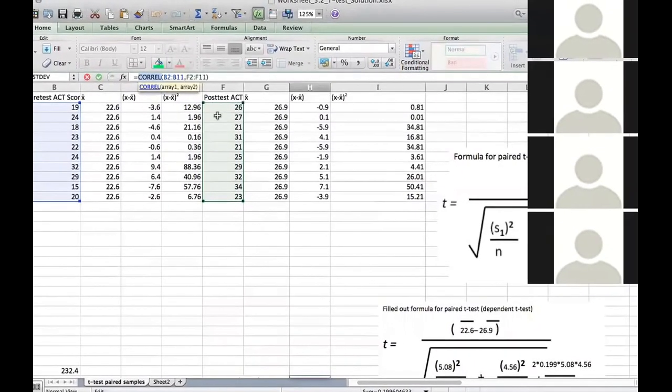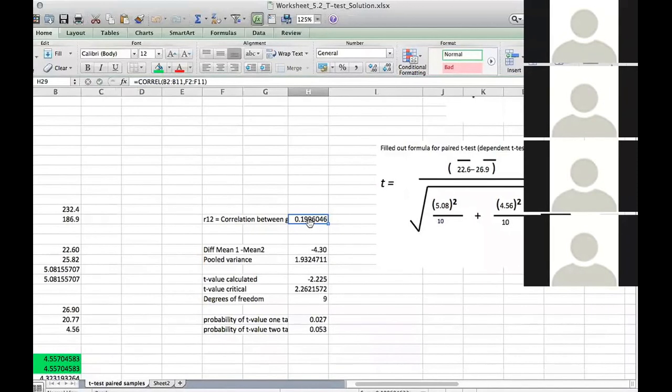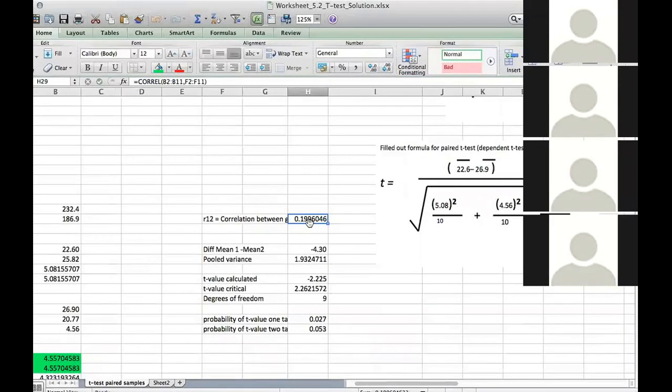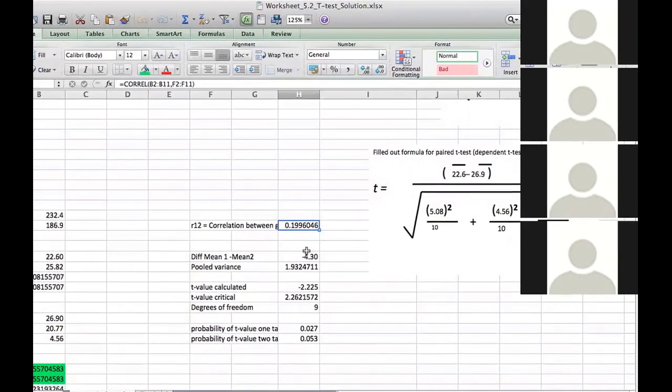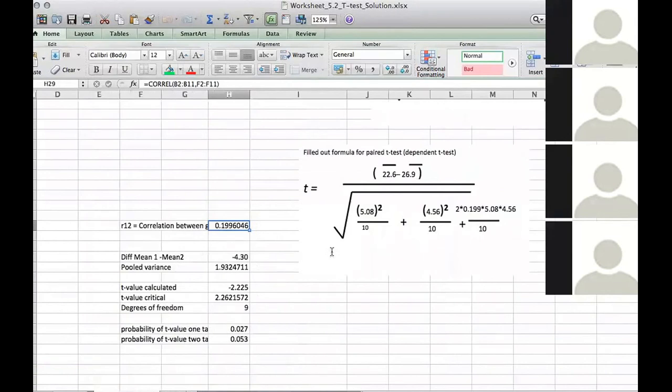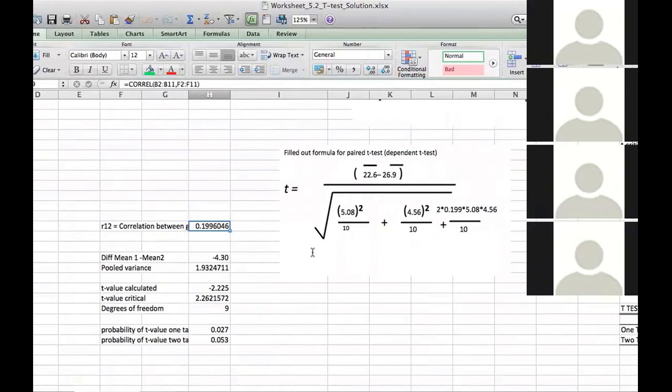So we correlate these two scores with each other, and we get a value of 0.19. A correlation can go from -1 to +1, and I'll say more about that when we get to calculating correlations. But for right now, we just want to calculate it, and we use it as an adjustment for how similar these values are, because since we have the same people twice, we want to leverage that for our calculation.